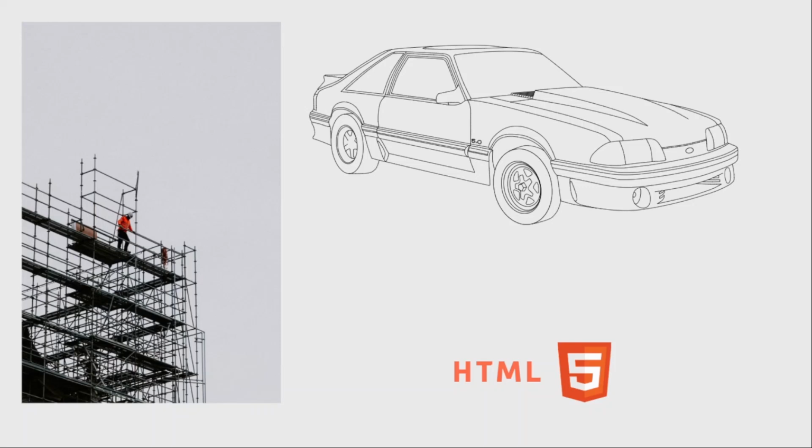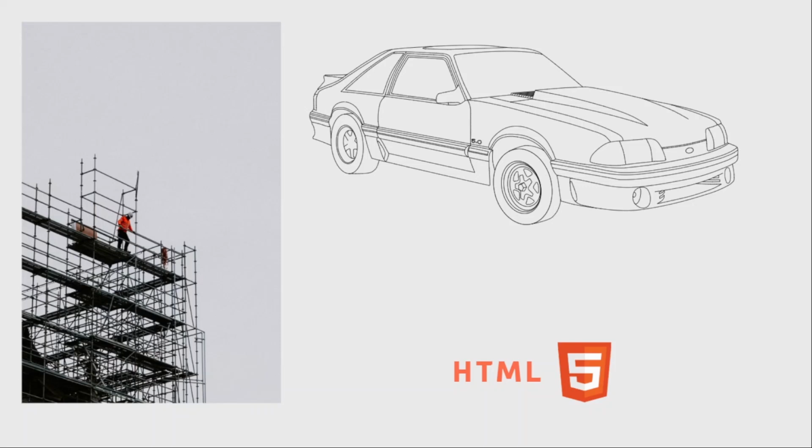Basically, HTML5 provides the structure of the web page. Like in the building, you can see that this is a structure. This is not the entire building, like glass and paint, but the fundamental things. This is the structure of the building. And on the other side, this is a car.